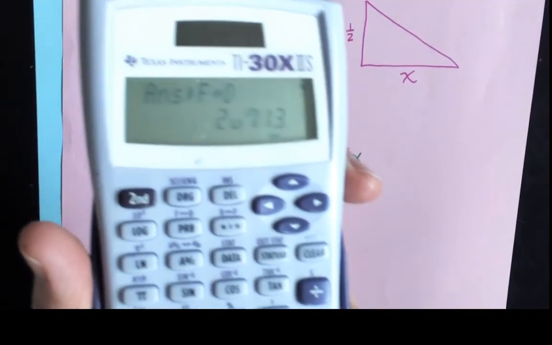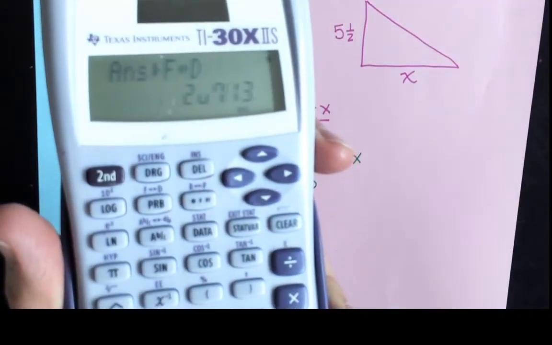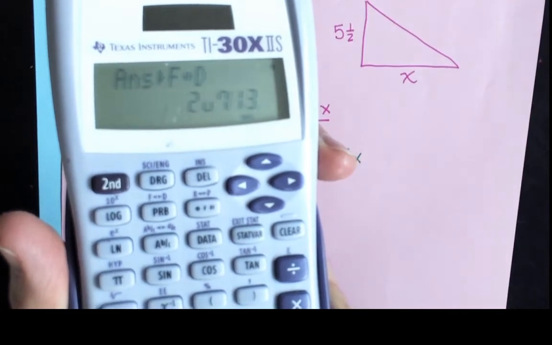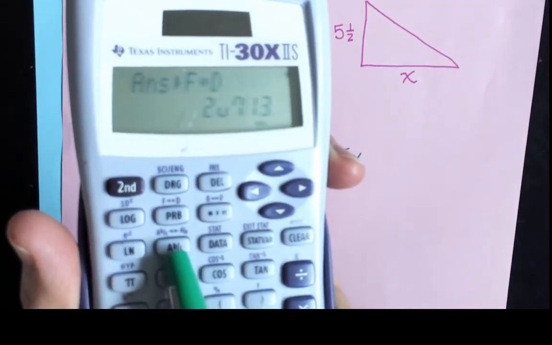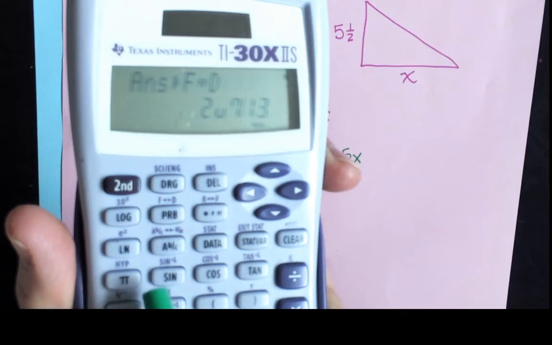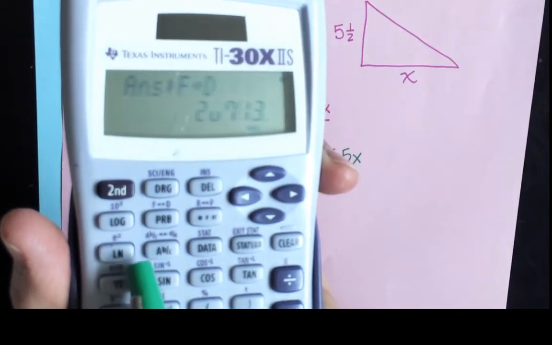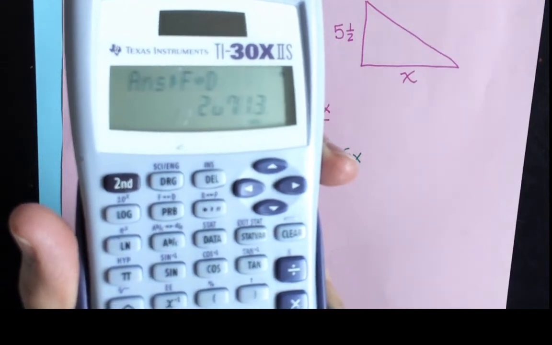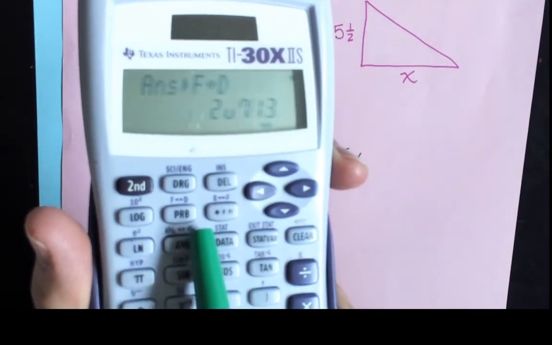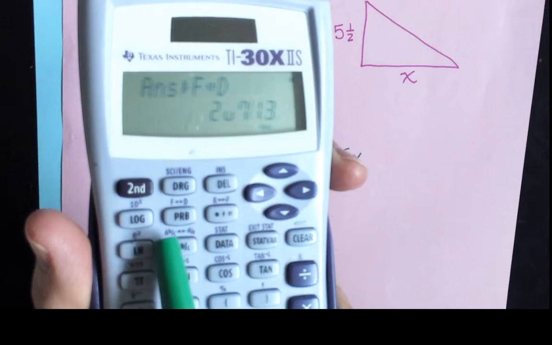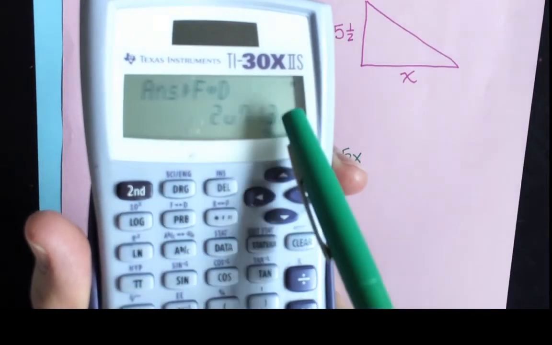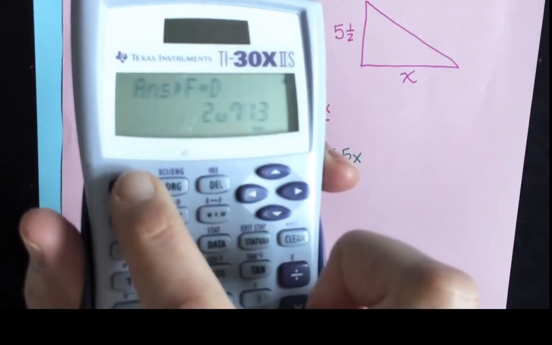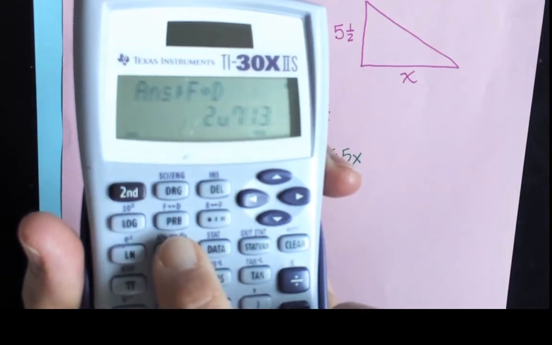Here's the other fun thing that I found out yesterday. Just over the ABC button on your calculators, it says ABC, and it has the double arrows, and then it has D over E. I did not know, but that guy right there, if you access that second, it will take this mixed number and put it back as an improper fraction.